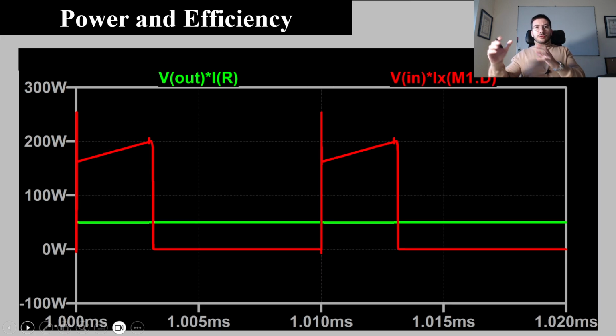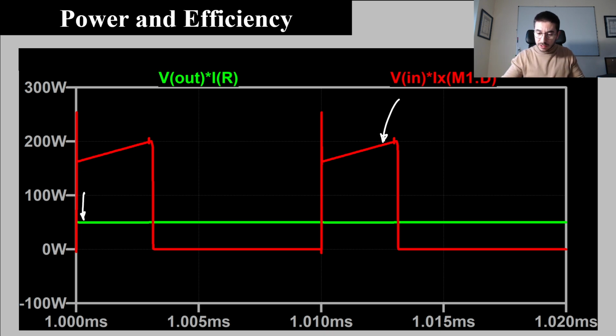So finally, I want to evaluate output power, input power, and efficiency. So here we have the output power is constant because we have a constant output voltage and a resistive load. And here we have the input power. As in the case of the ideal simulation, it is a pulse waveform, okay?